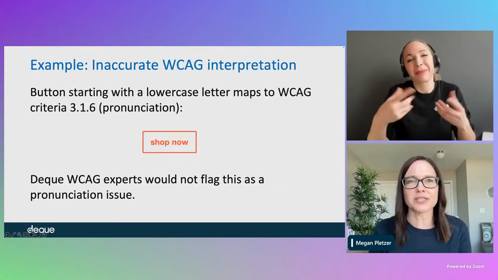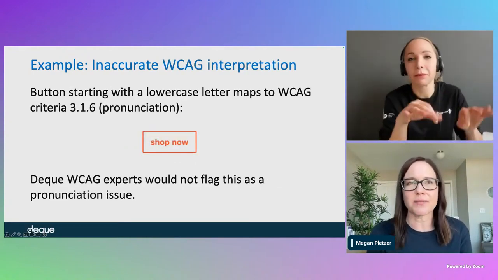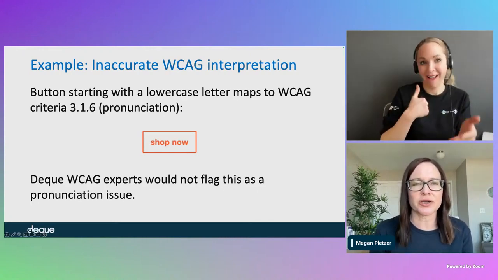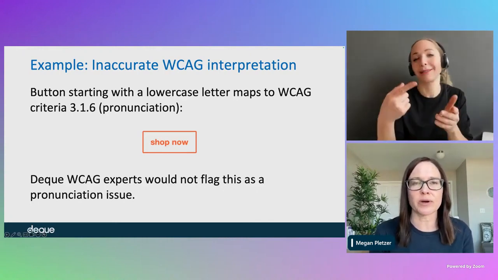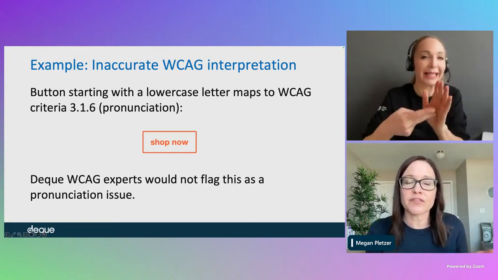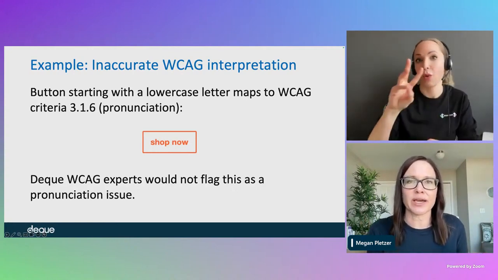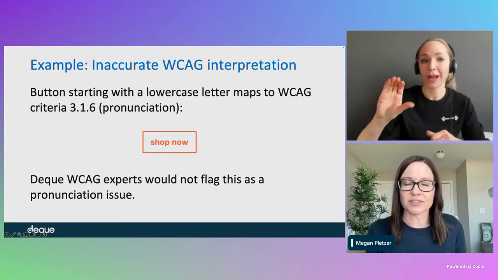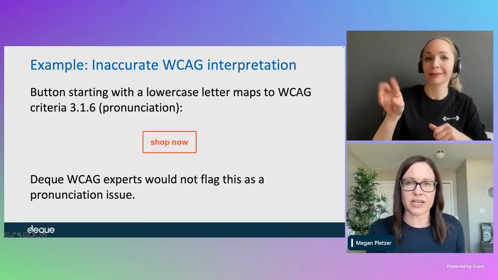And then one other example is a rule set might have an inaccurate WCAG interpretation. So what I'm showing here on screen is a button and it says shop now in all lowercase. And if the tool tells you that this maps to WCAG criteria 3.1.6 pronunciation, you might have a false sense of security that you've covered pronunciation with your testing.